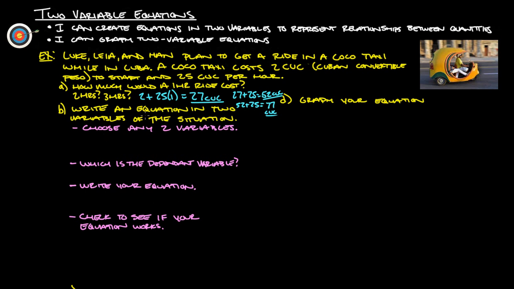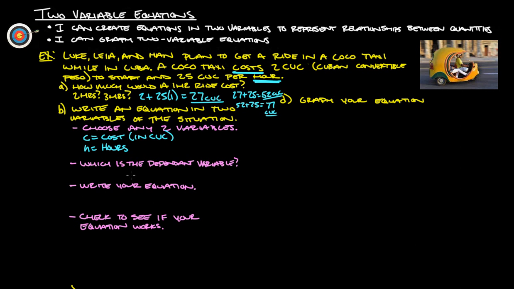So the two things that are changing are the hours, right? And then the cost. Okay, so let's do C is total cost in CUC, and H is the number of hours that they're riding in the Coco taxi. Okay?